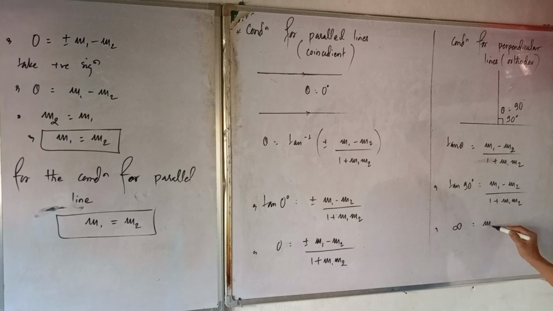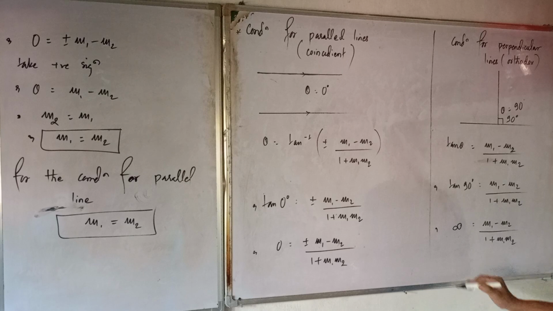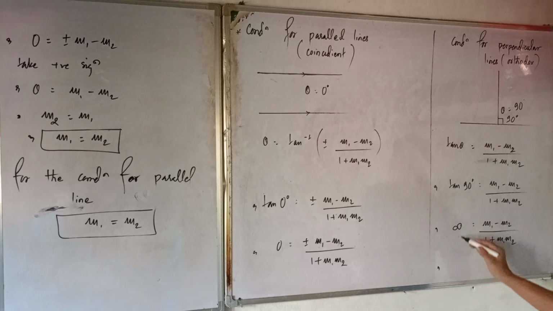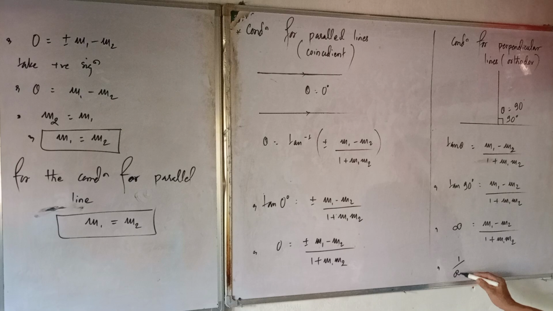Now here if you multiply something to infinity, it becomes infinity. So what you do is you just take the reciprocal. Reciprocating both sides, it becomes 1 by infinity, and this becomes 1 plus m1 m2 divided by m1 minus m2.